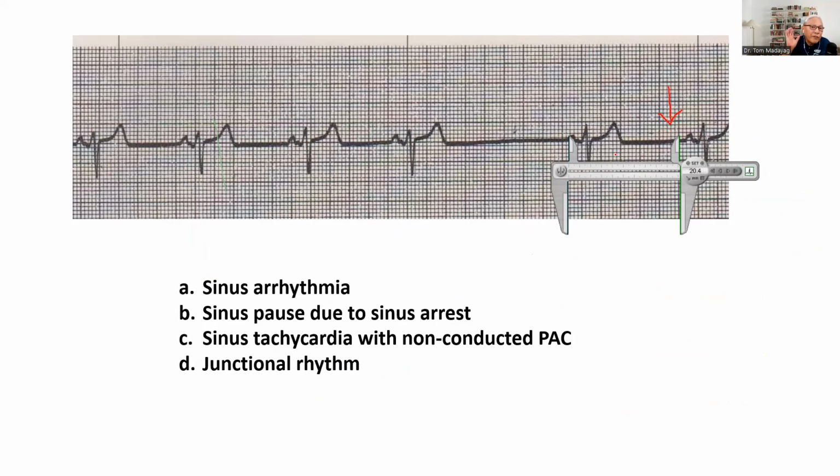All right. So whenever you see a pause, what you need to do is to look at the rate before the pause and then compare it to the rate after the pause. If they're the same, this will be a sinus exit block. If they're different, however, then this means to say that this is a sinus arrest.